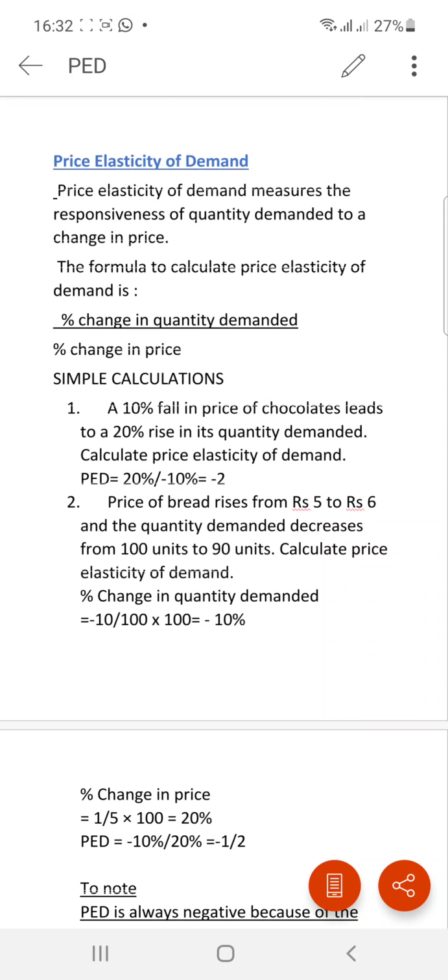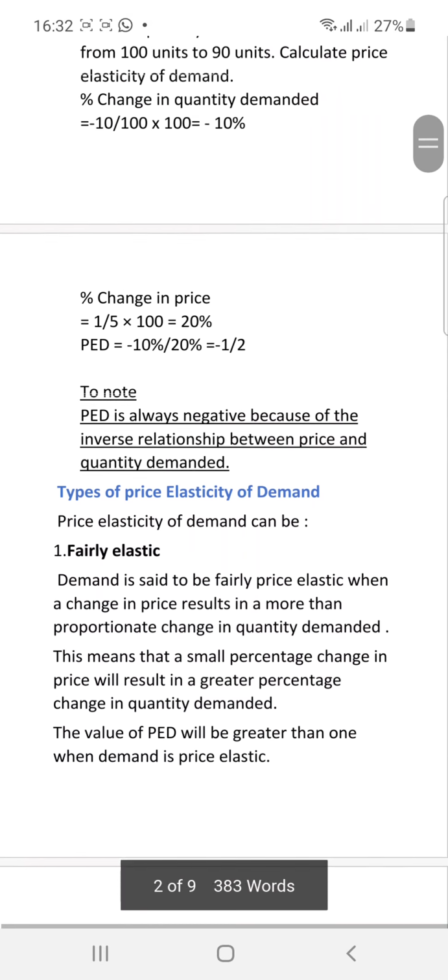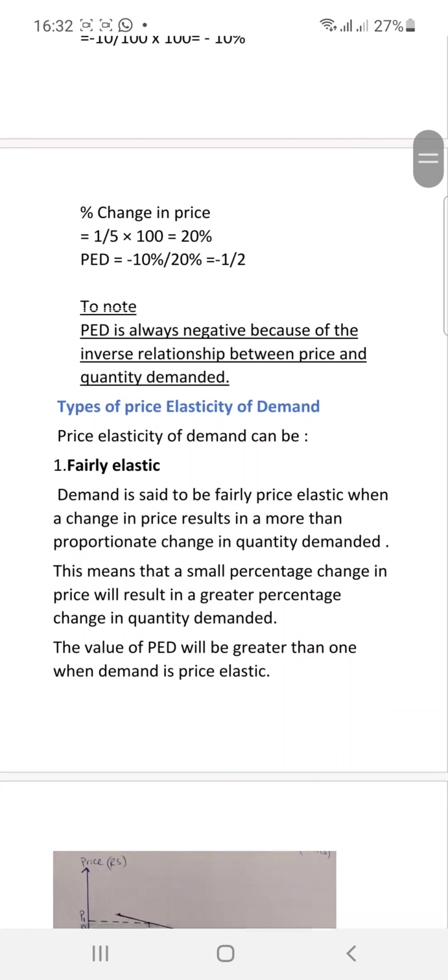And we calculate PED, which is negative 10% divided by 20%, and this will be equal to minus half. So here we know that price elasticity of demand will always be negative. This is because of the inverse relationship between price and quantity demanded.